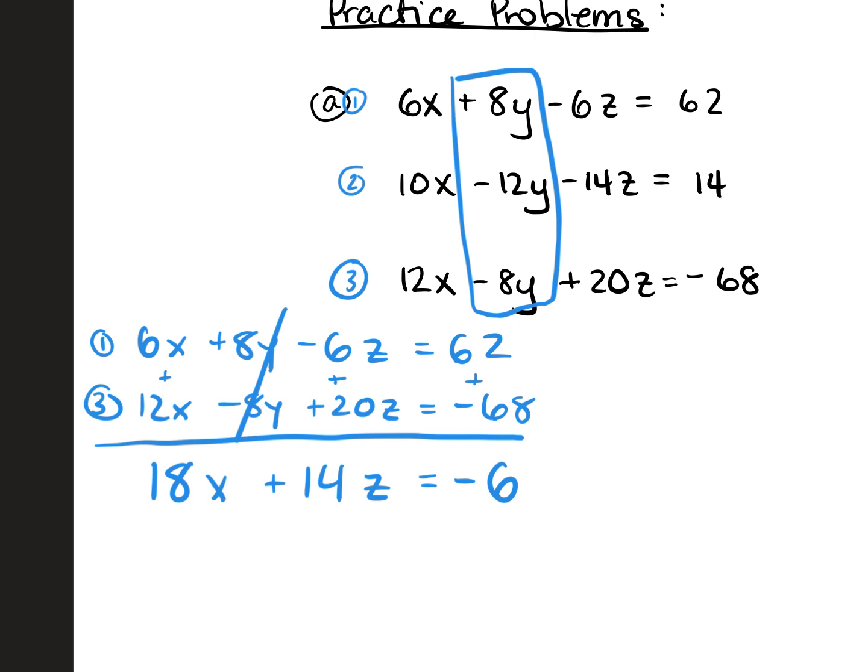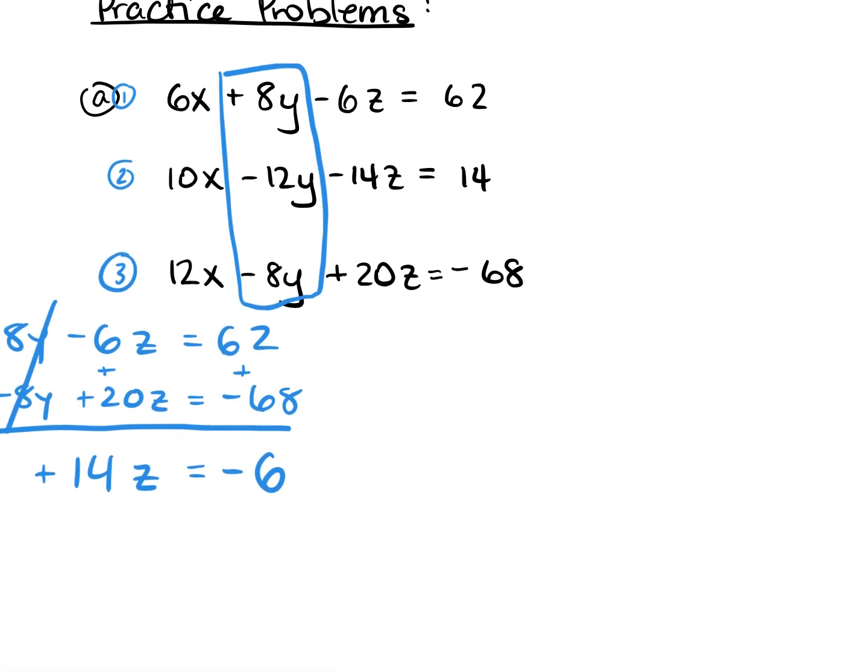Once we eliminate our y's, what do I have to do next? We have to do the same thing again. You have to do this step twice. So we have to pick another 2 equations. Which 2 do you want to work with next?